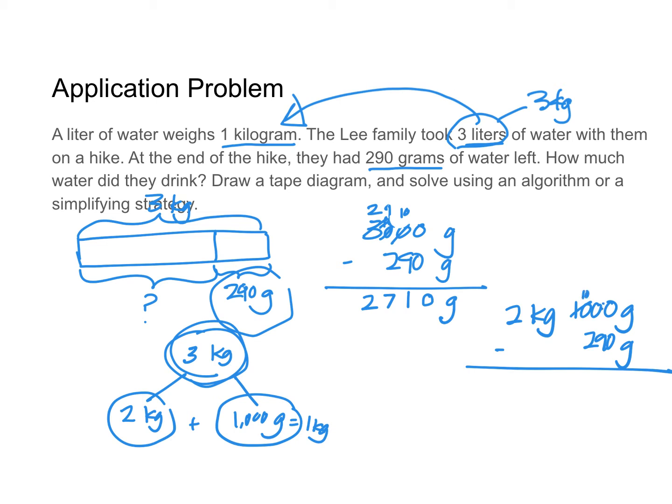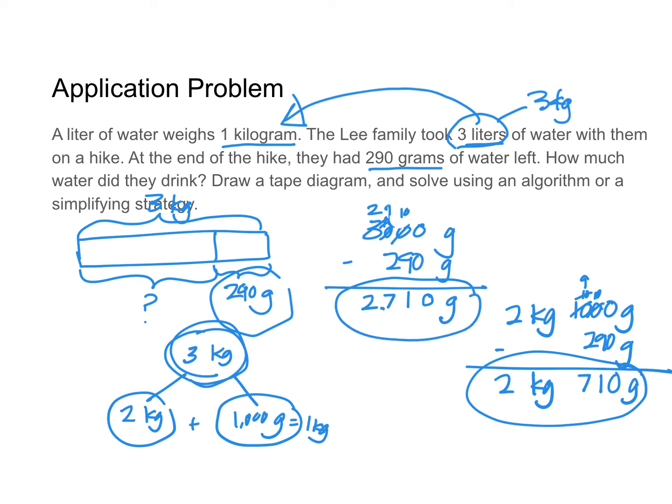Then I have to regroup again. So this becomes 9 and this becomes 10. So 0 minus 0 is 0. 10 minus 9 is 1. 9 minus 2 is 7. And I have 710 grams. I have 2 kilograms. And if you see this right here, 2 kilograms, 710 grams is equivalent to 2,710 grams.